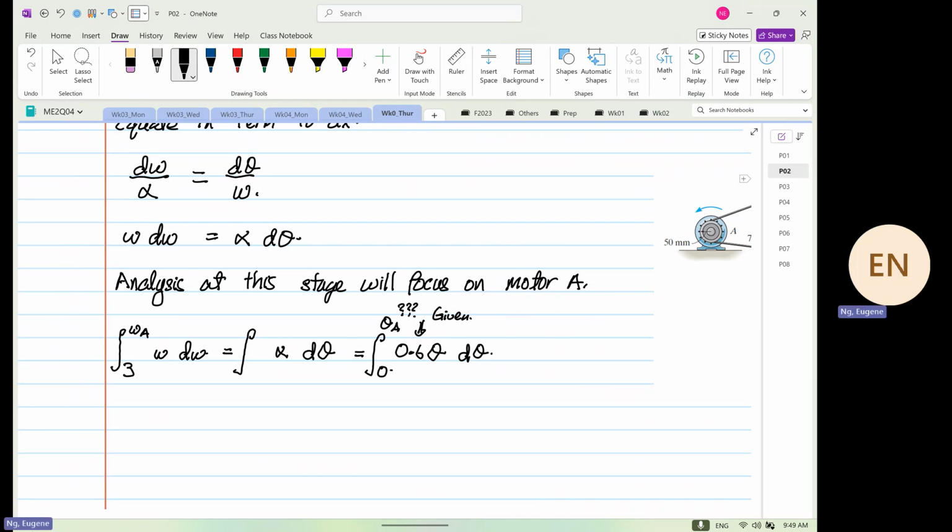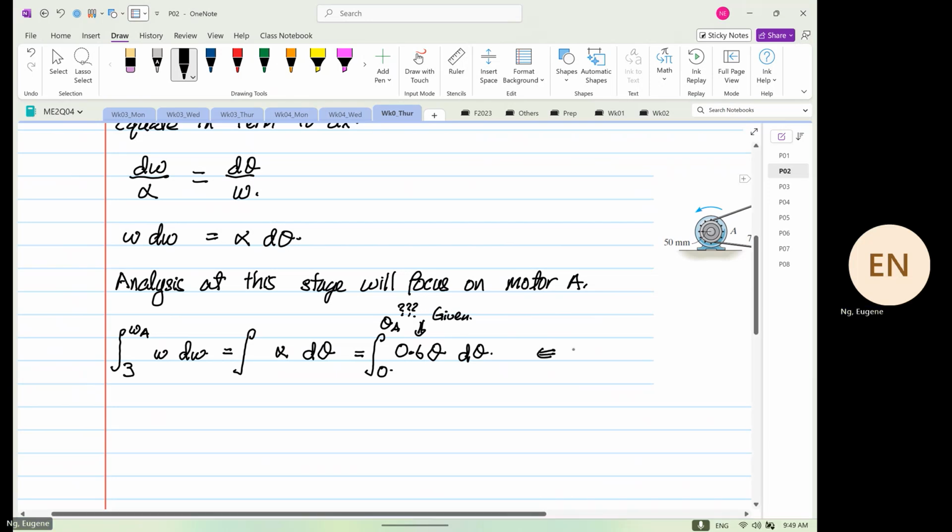So now we are going to temporarily stop. Why? Because we don't have what? We don't have theta A. So now we have to find theta A.